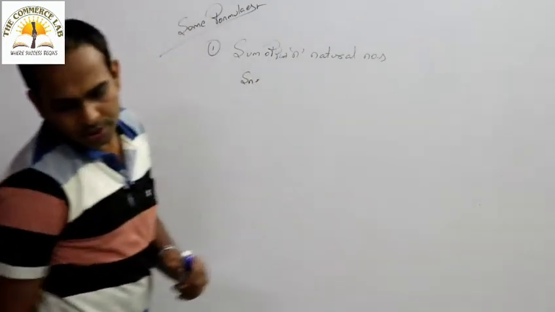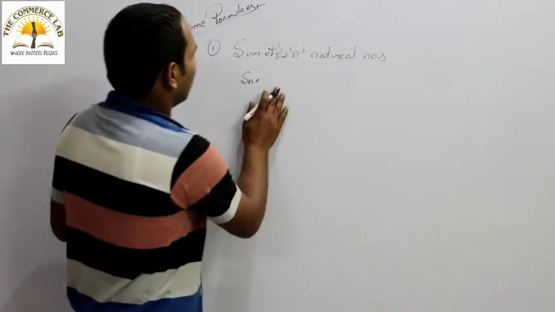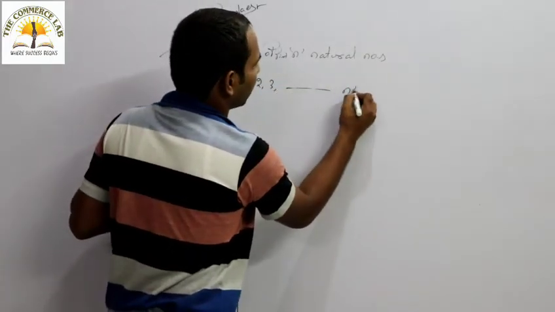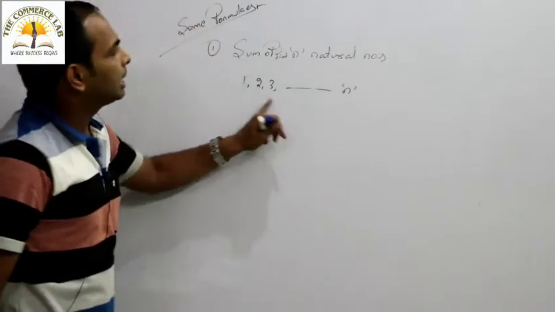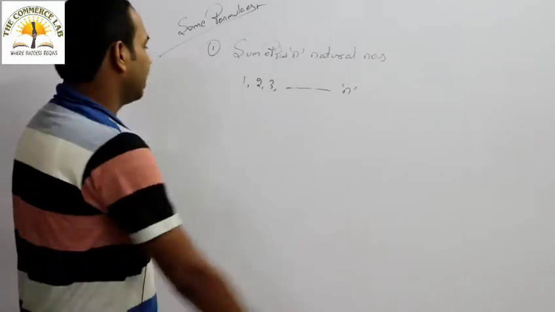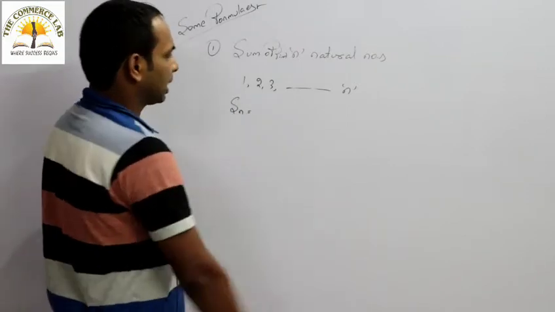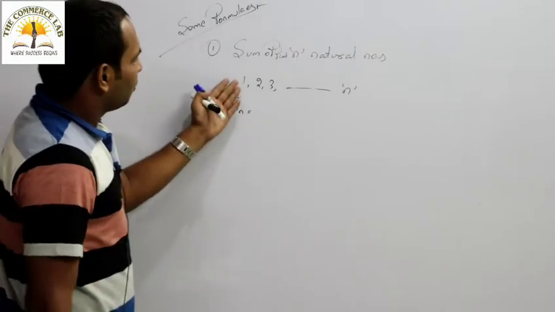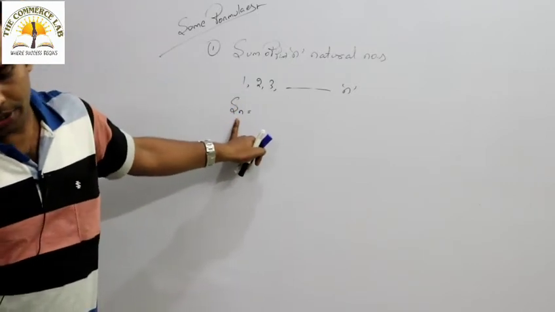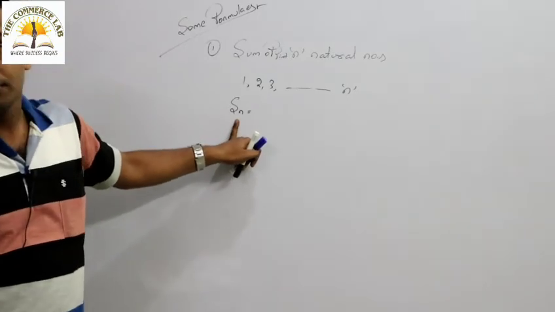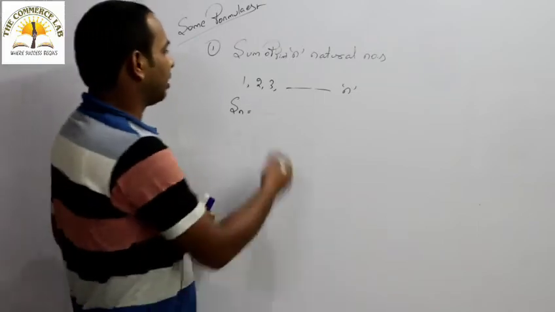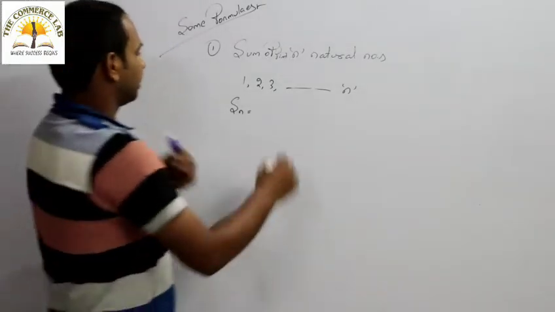So Sn equal to what? Let's find out: 1, 2, 3, ..., n. So this is your AP of first n natural numbers 1, 2, 3, ..., n. Then what do you mean by Sn? We have just calculated the formula of Sn. Sn equal to n by 2 into 2a plus n minus 1 into d.